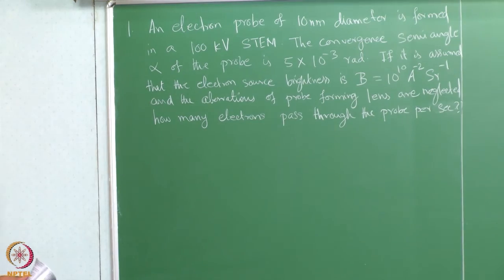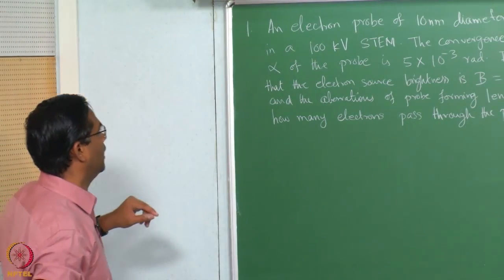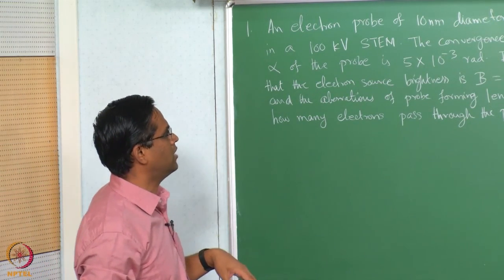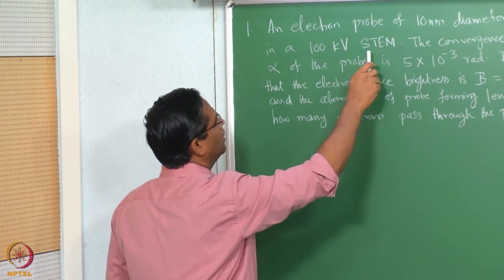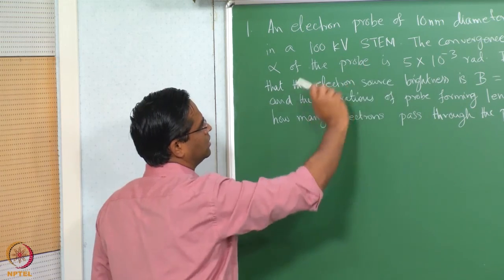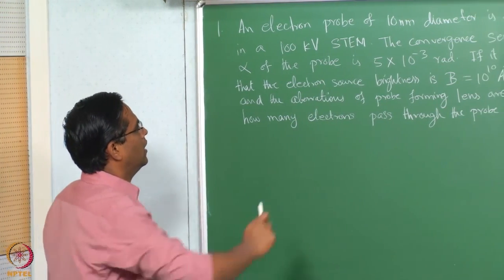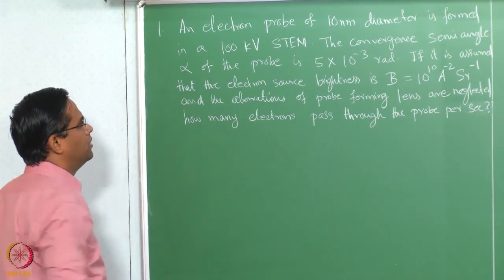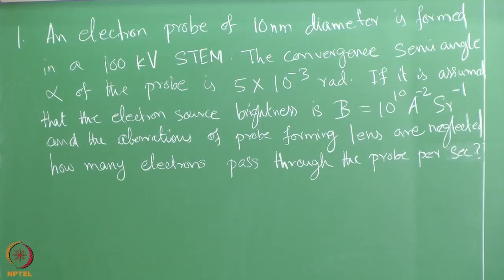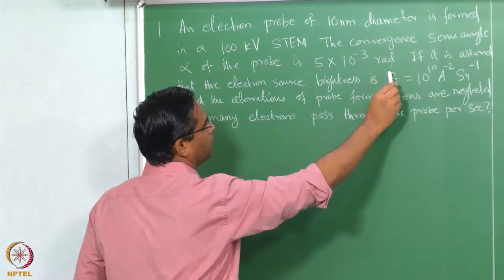So the question reads like this: an electron probe of 10 nanometer diameter is formed in a 100 kV STEM, scanning transmission electron microscope. The convergent semi-angle alpha of the probe is 5 into 10 to the power minus 3 radians.